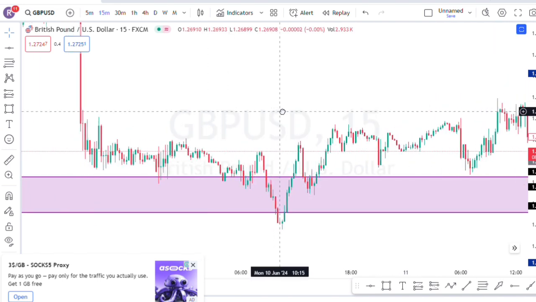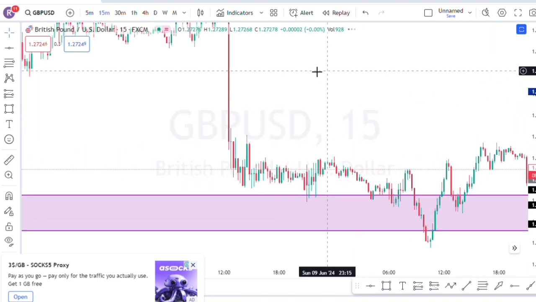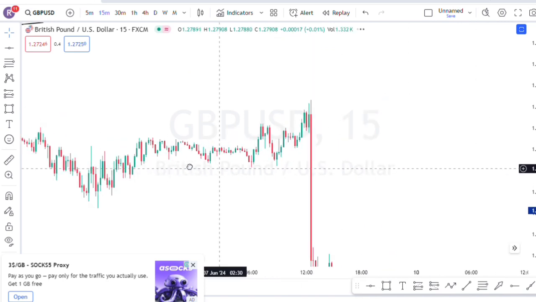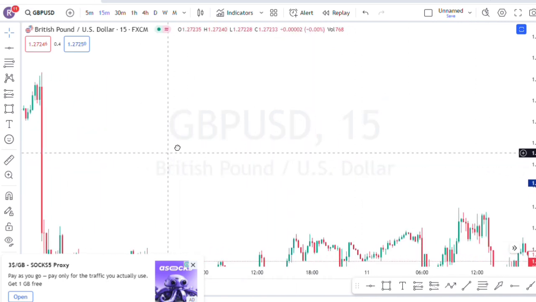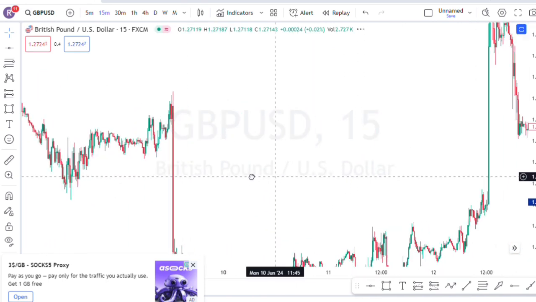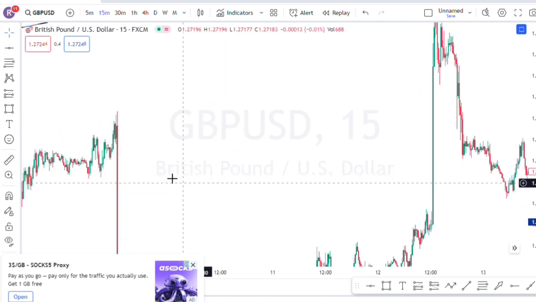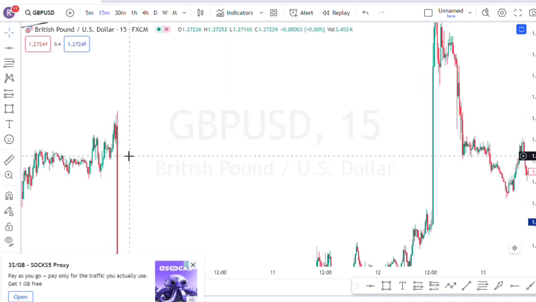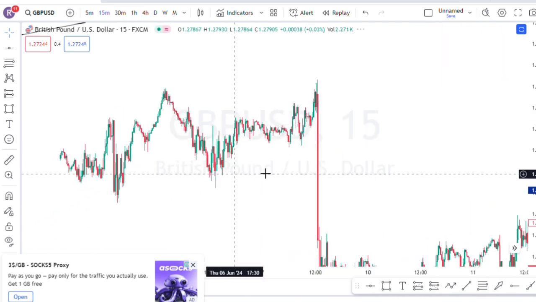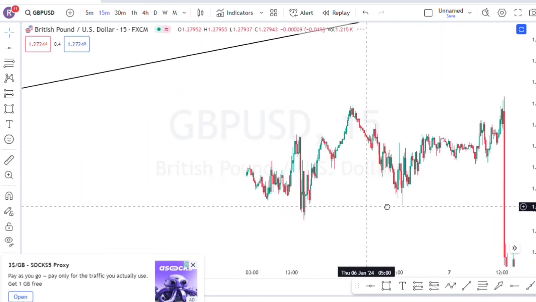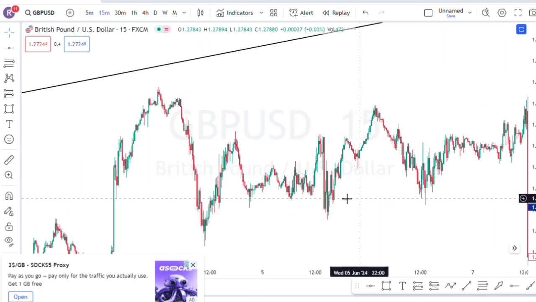I just want to show you the perfect one. This was a supply zone that was not respected. The market moved to the upside again.